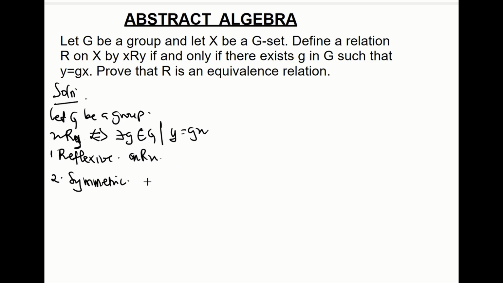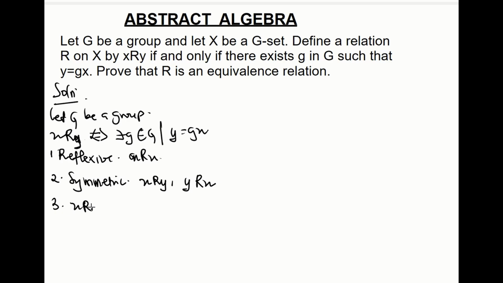Now, if it is symmetric, it means that if we suppose that x relates to y, then y must also relate to x. So if x relates with y, then y must also relate to x. Then third, transitive.